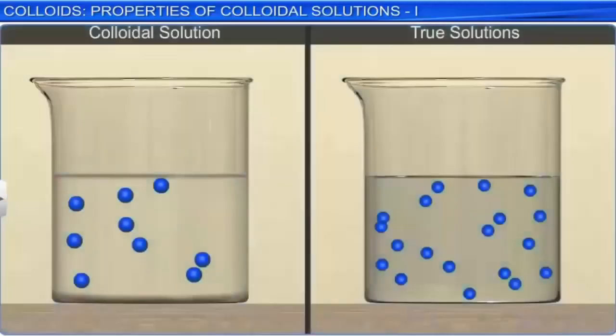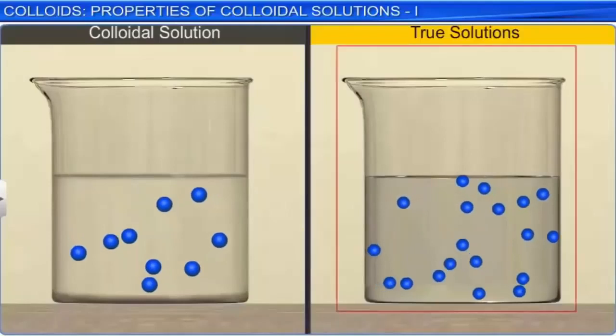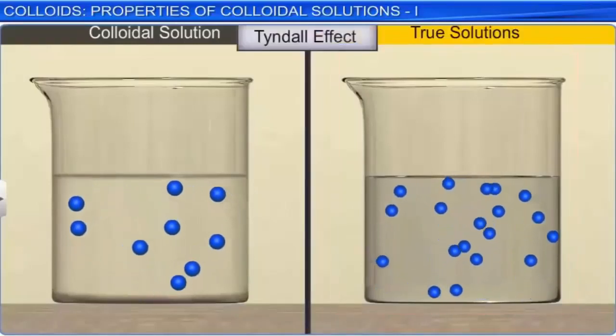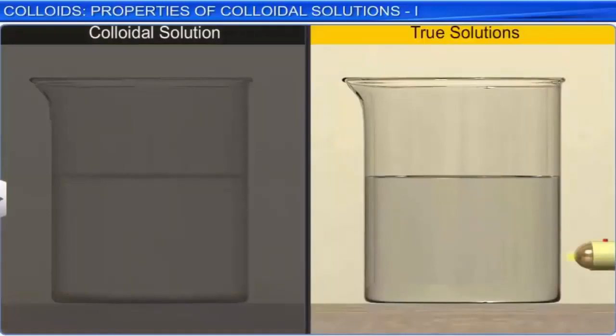One property of colloids that distinguishes them from true solutions is the Tyndall effect. When a beam of light passes through a true solution, there is no scattering and the path of light cannot be traced.